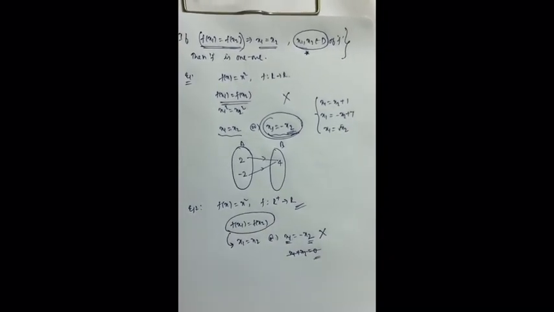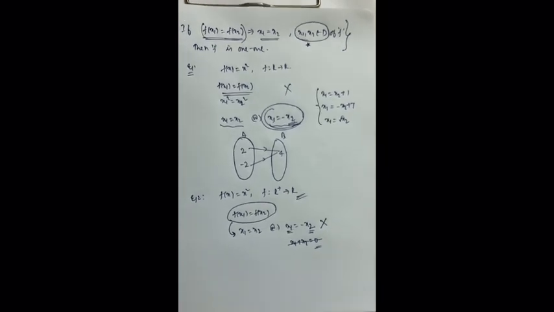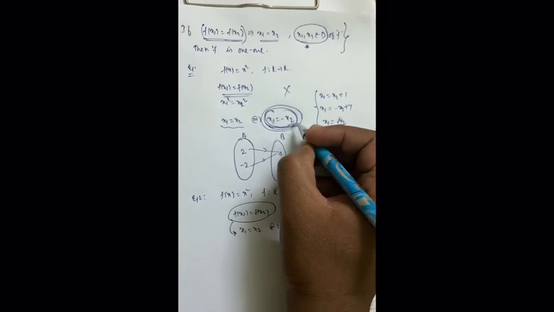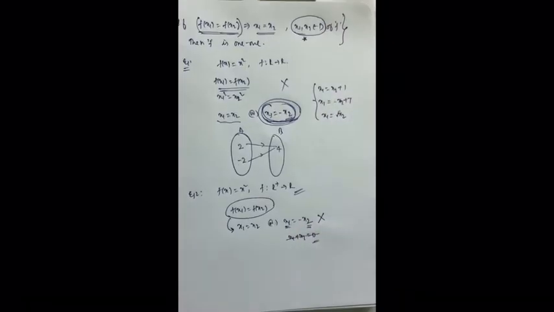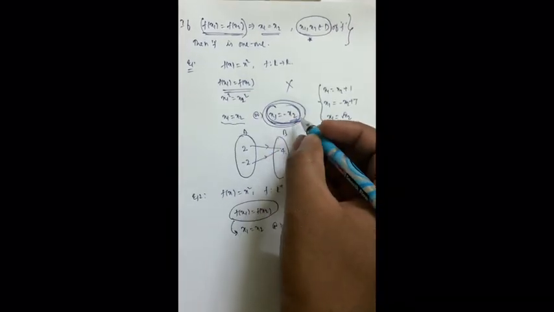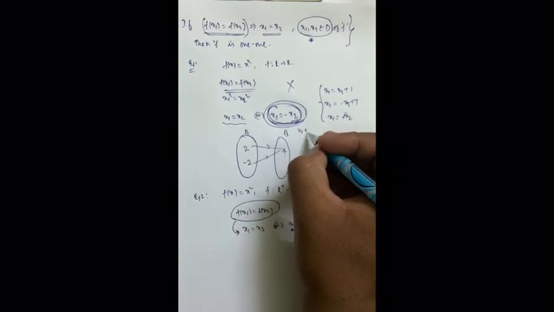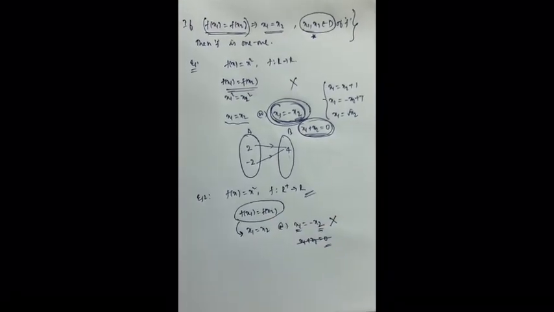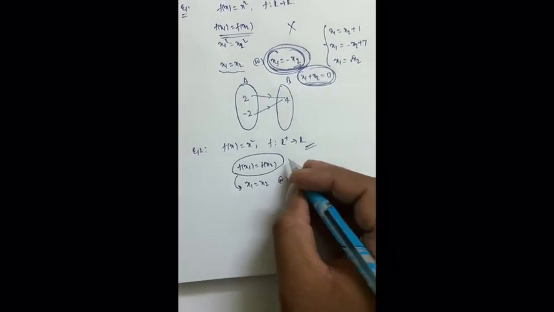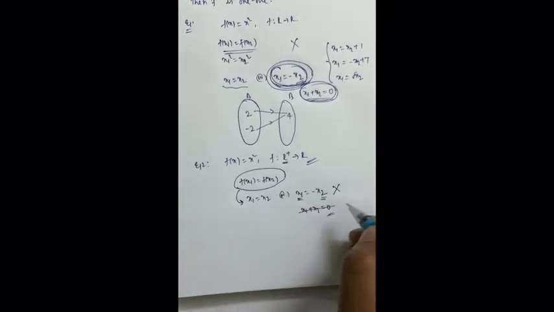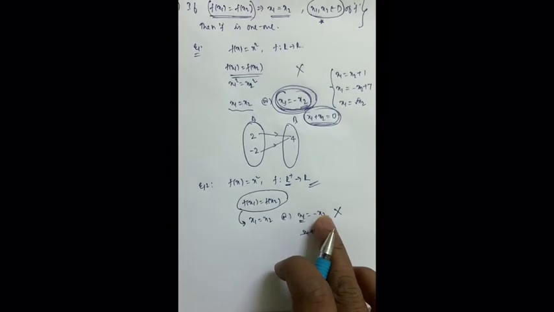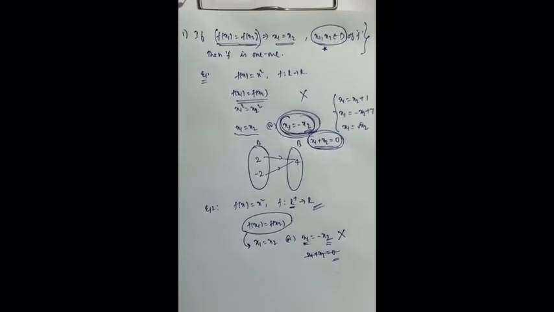In the same way, whatever second relation you get, you have to check whether it satisfies the condition that x1, x2 belong to the domain or not. In the first case it satisfies, because x1, x2 both belong to the real numbers and this relation is possible for real numbers. But in this case we have the domain as positive real numbers, so x1 and x2 can't be 0. That's why we are removing this condition. So that is it with the first rule.